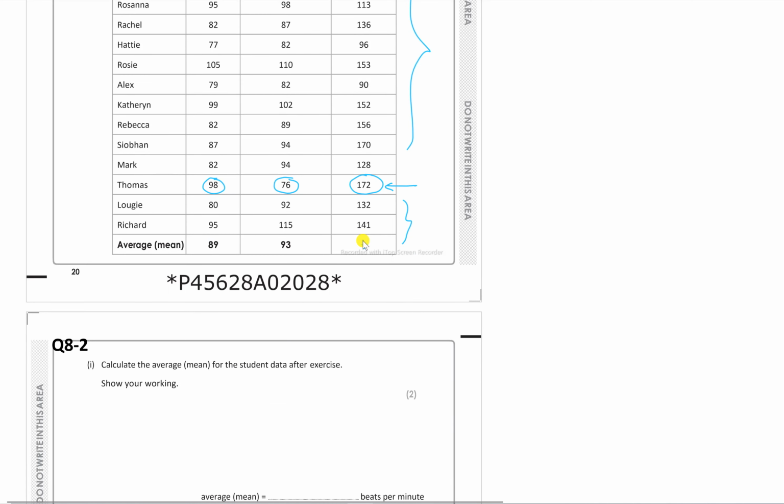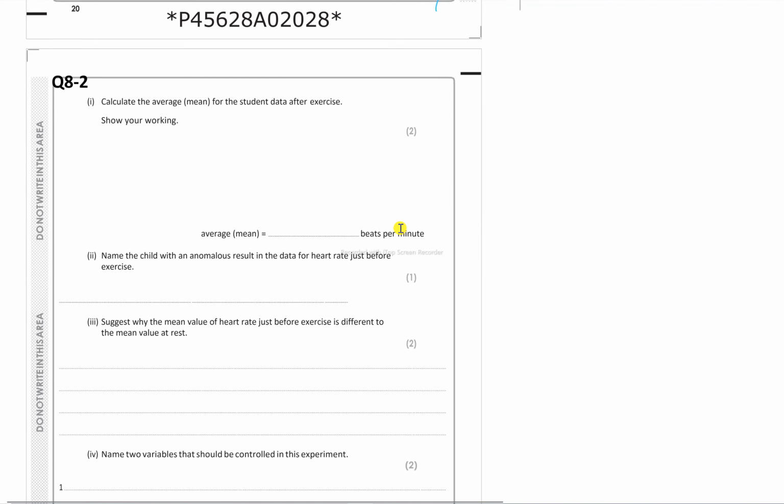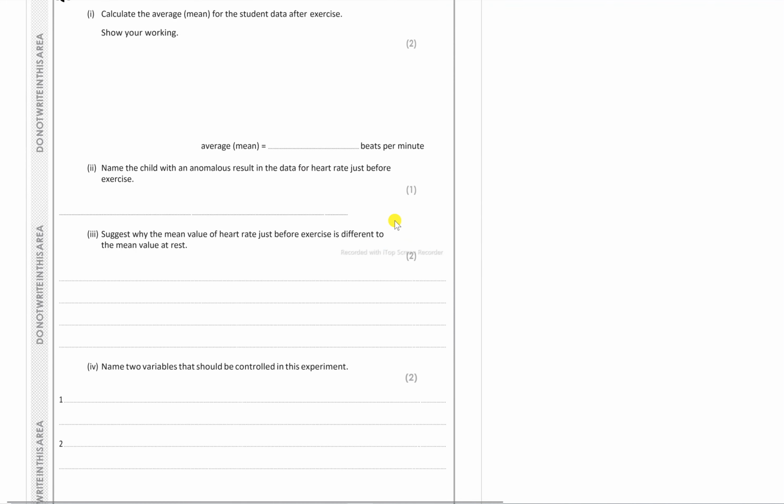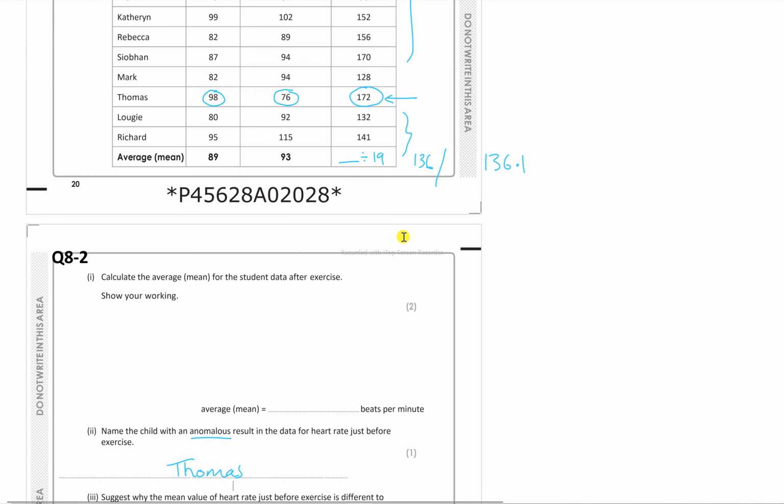So you then divide it by 19. I would be inclined to do it that way. So the answer should be 136. Or the mark scheme says 136.1. Okay. So the anomalous result, anomalous just means away from the normal. It's not normal. It doesn't follow the trend. It was Thomas, wasn't it? Thomas, yeah.